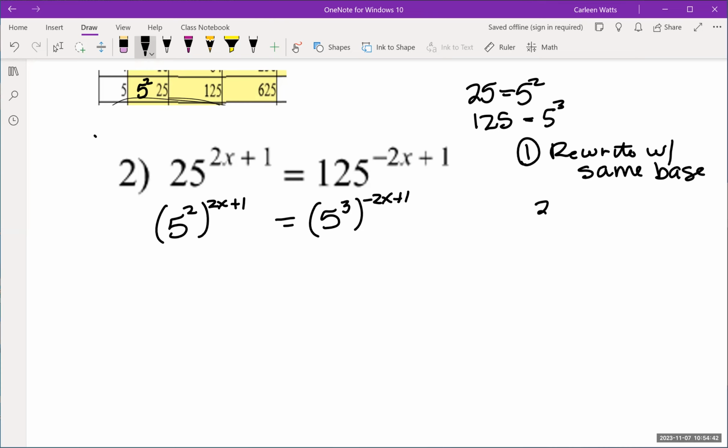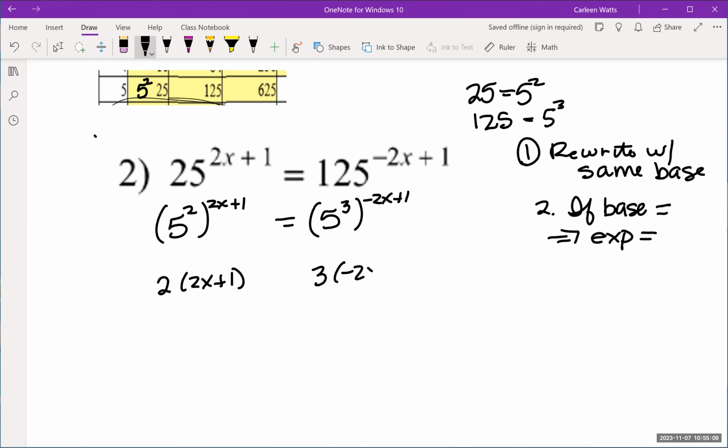Okay, and then we say, if the bases are the same, then the exponents are the same. So my next statement is the exponents are the same, right?